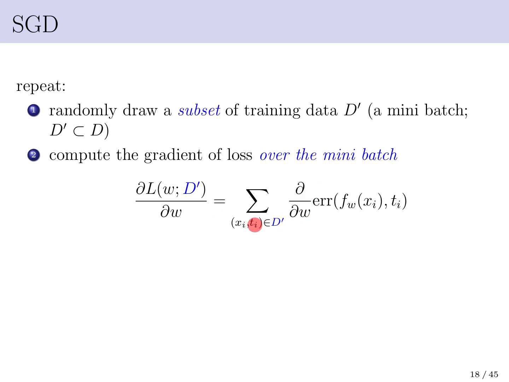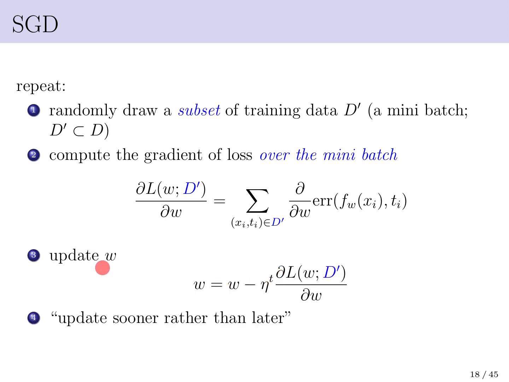Mathematically, the only difference is that you take the sum over D prime instead of the entire data set D. And you update W in exactly the same way as before. The only difference is that the loss is obviously computed only with respect to the subset of the data set, which is a mini batch.